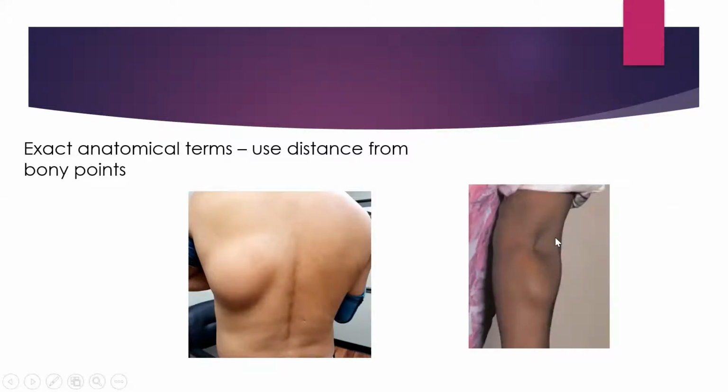Like in that image also, that swelling is just below the elbow, the cubital fossa. So we may tell that it is 2 centimeter or so from the cubital fossa.